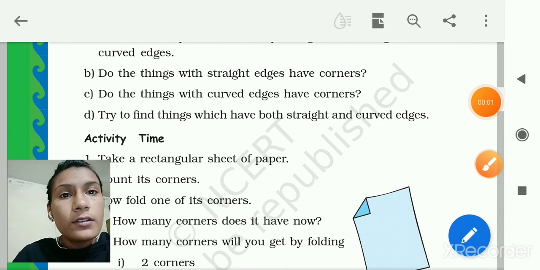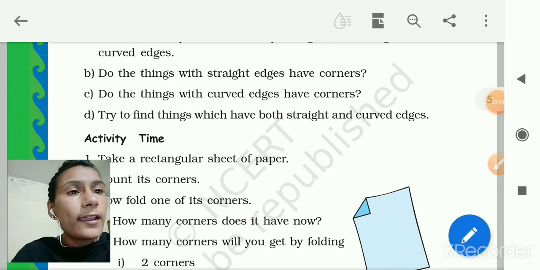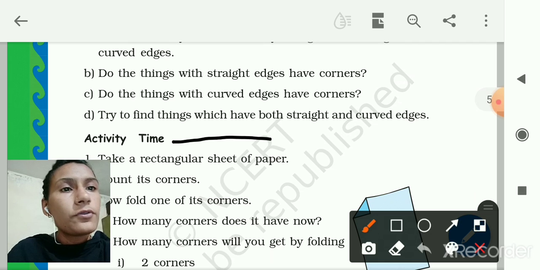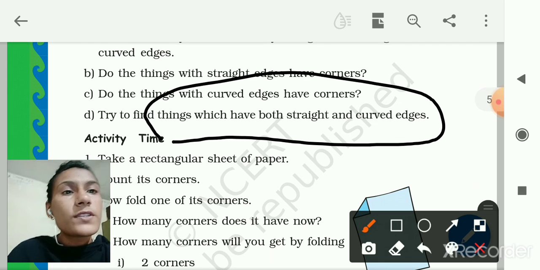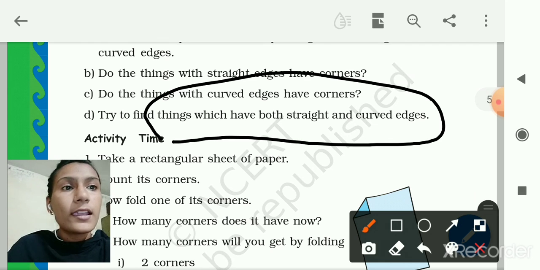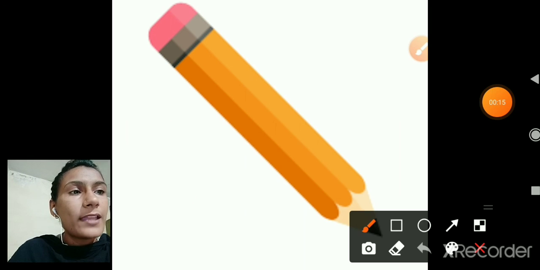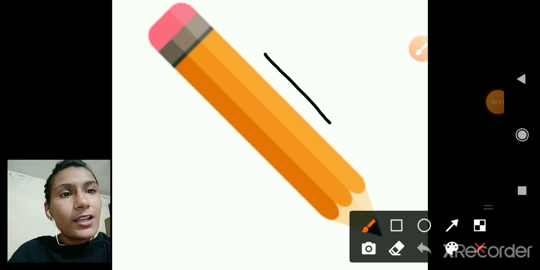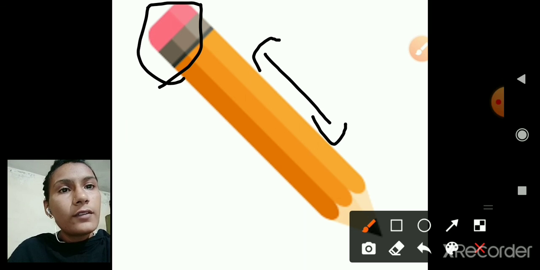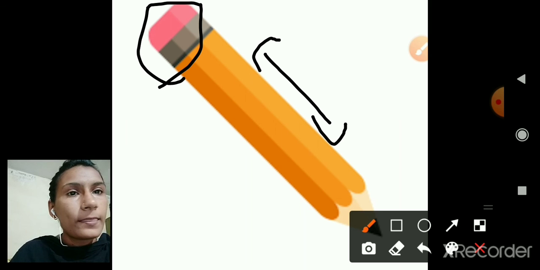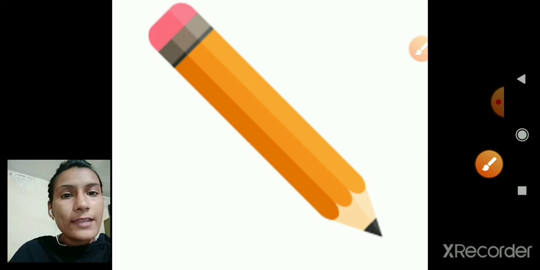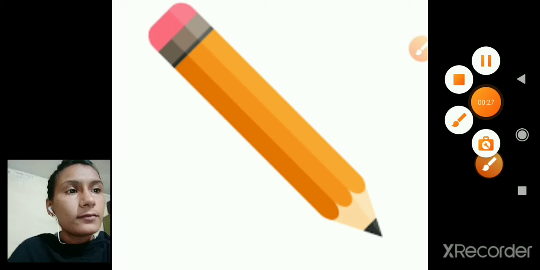The next one, try to find things which have both straight and curved edges. So here we have to find out the things which have both straight edges and curved edges. Let's see. You can see this pencil has both straight edges and, from here, curved edges also. So one example is a pencil.